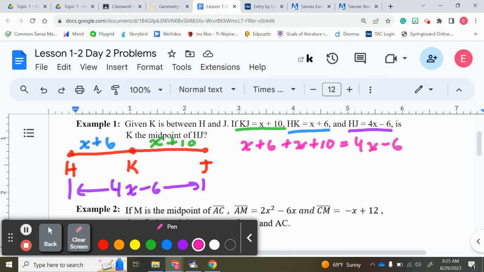I want you guys to tell me, what does x end up equaling here? So take a minute and solve.